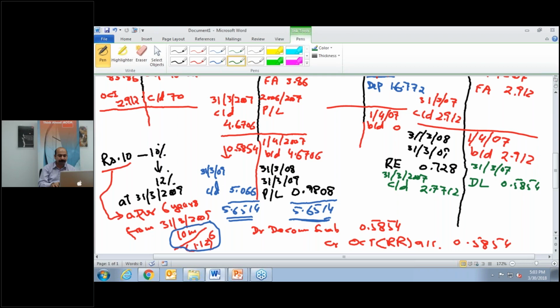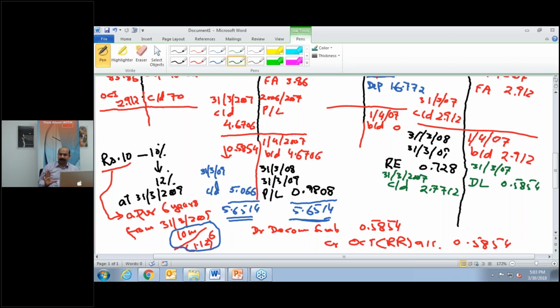Let me confirm it. Okay, fine. The revaluation reserve is 2.77. A little rounding difference. I hope this calculation is clear before moving on, because now I'll be using new accounts starting from 1st April 2007, since there are already a lot of figures.